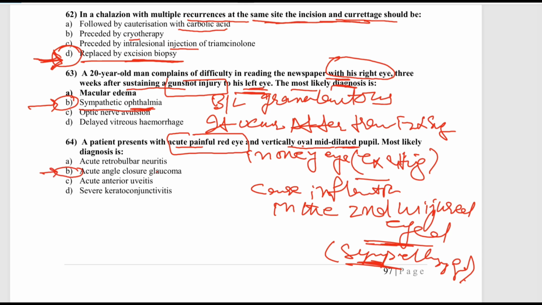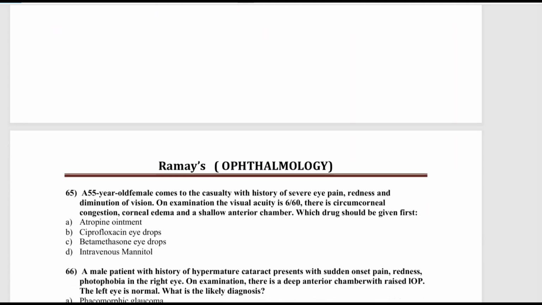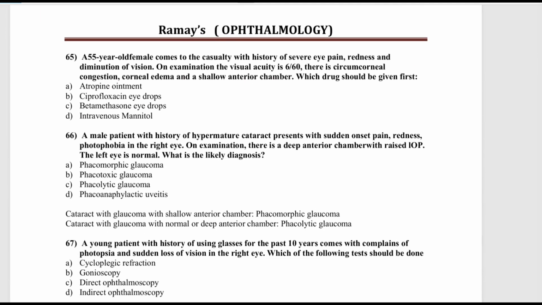Our next question is: a 55-year-old female comes to the casualty department with a history of severe eye pain, redness, and diminution of vision. On examination, the visual acuity is 6/60. There is circumcorneal congestion, corneal edema, and a shallow anterior chamber.